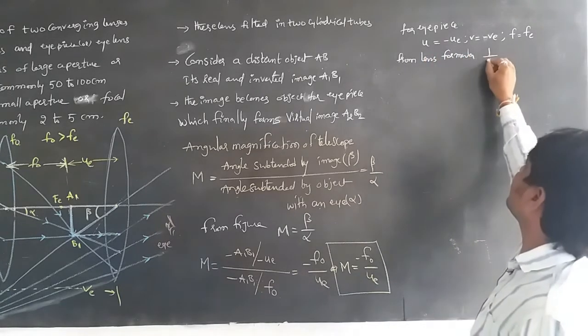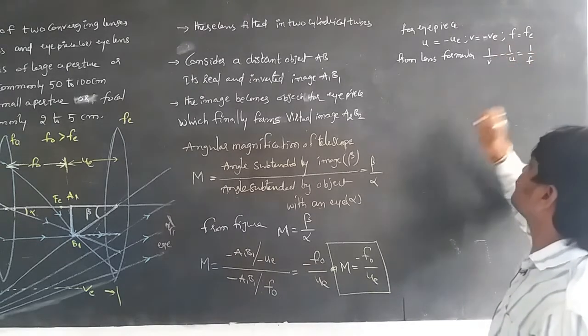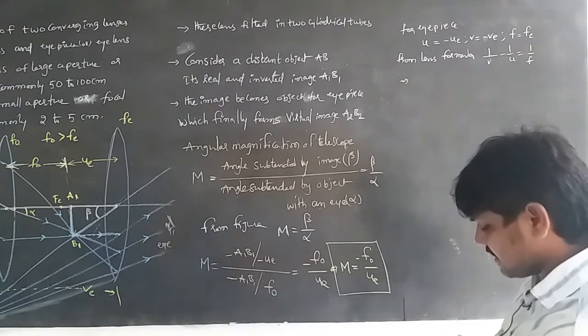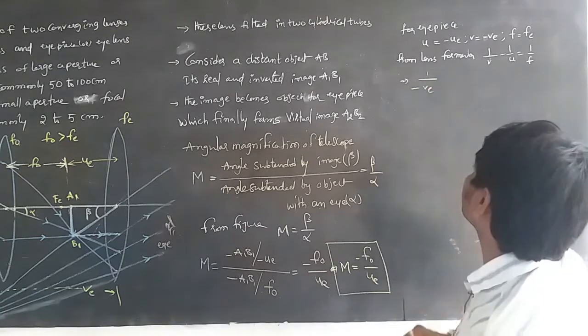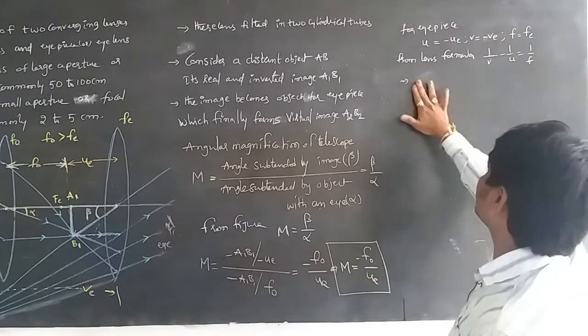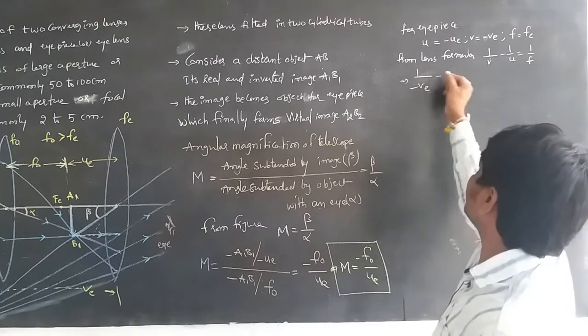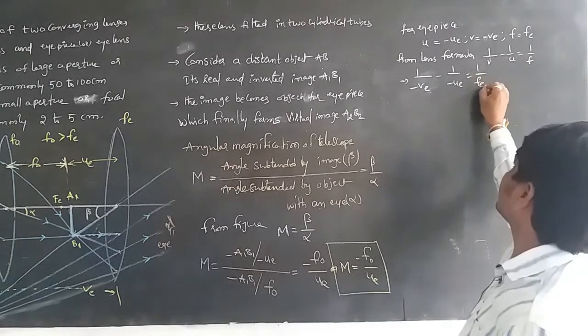So from the lens formula we have 1 by v minus 1 by u is equal to 1 by f. By substituting in this formula, we get 1 by minus ve minus 1 by minus ue is equal to 1 by fe.